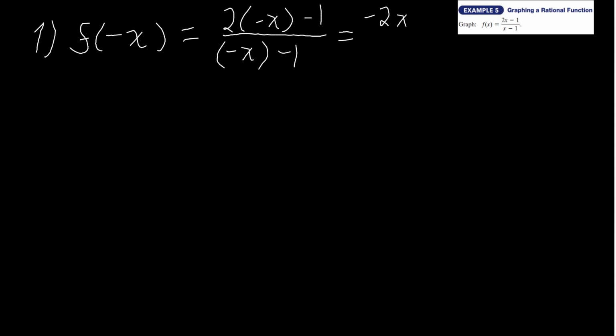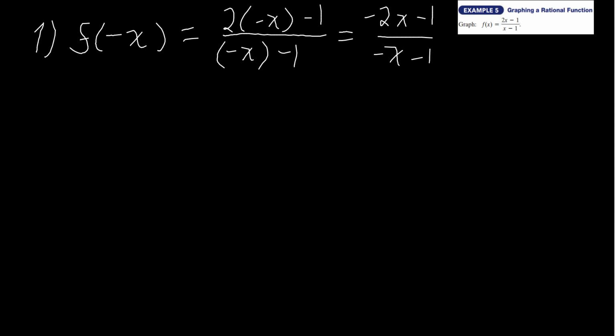So f of negative x, we substitute in negative x everywhere we see x. So 2 times negative x is negative 2x, minus 1, over negative x minus 1.